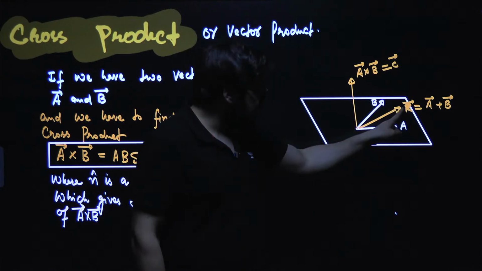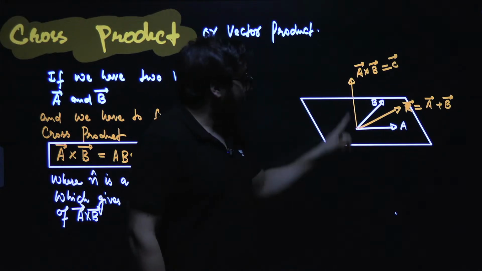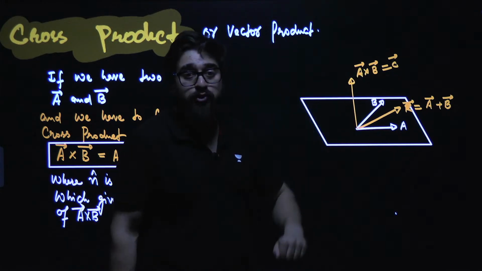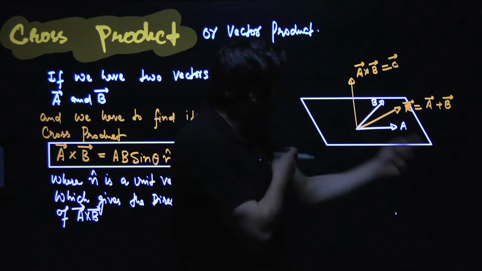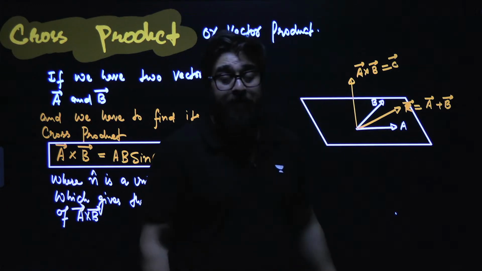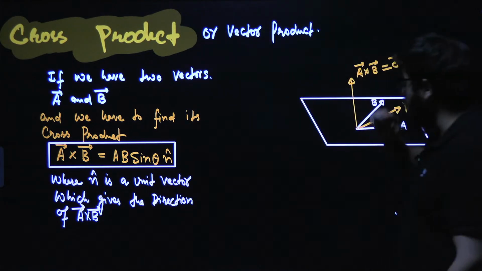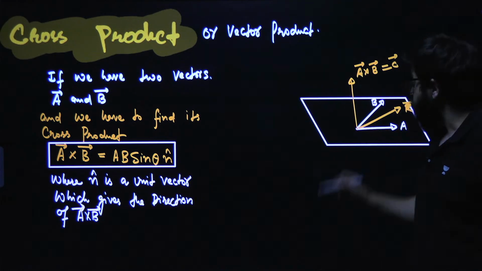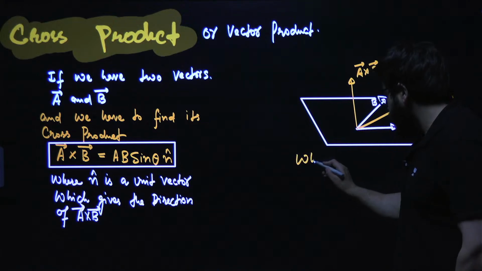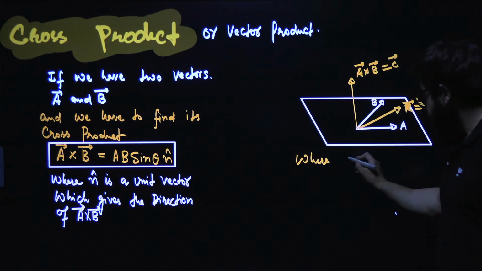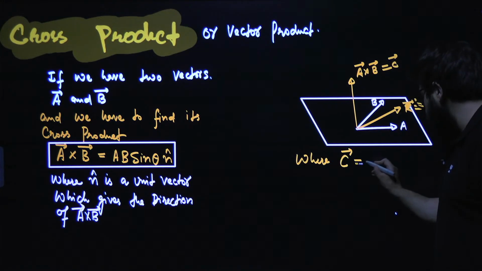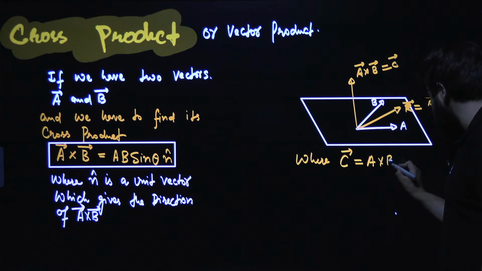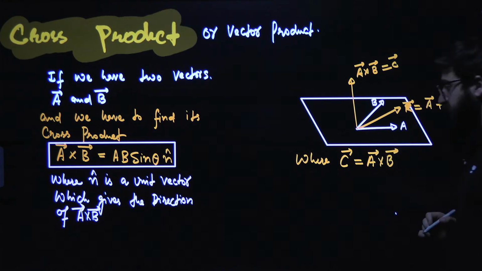This is the resultant of these two vectors, and this is the cross product of these two vectors, that is C. And why did I make the direction over here? Because the cross product of the two vectors is a scalar. Sorry, is a vector. So where C vector is A cross B.